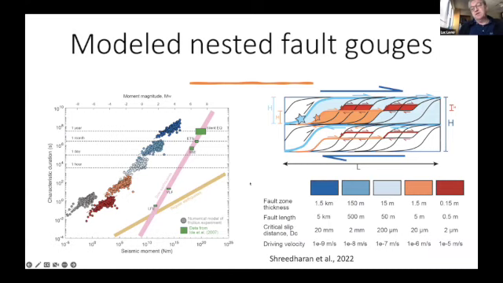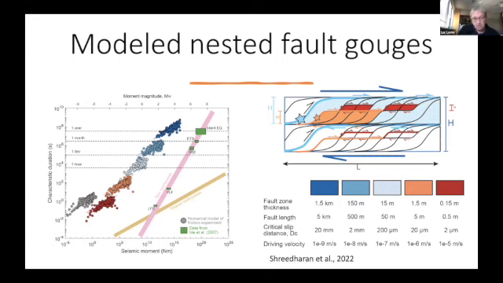So this is the result. This is presented here, model nested fault gouges, in terms of these plots on the left side: characteristic duration versus seismic moment. Each one of these clusters of dots, gray to red, orange, light blue, and darker blue, corresponds to different numerical experiments where we scale up Dc and the shear zone width and thickness.